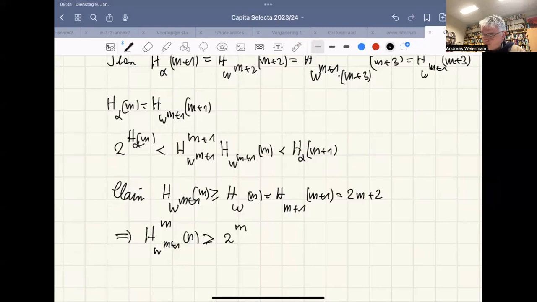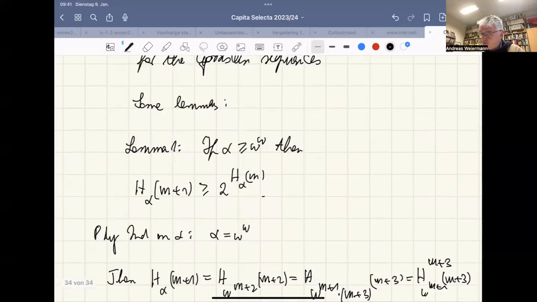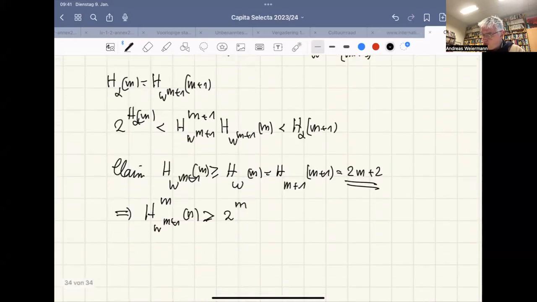Well, this bound is true even for n equal to 0, because here is 2m plus 2. Let's see, is this correct? No, not for m equal to 0. Well, let's assume that m is equal to 1. And then anyway, we have this estimate.